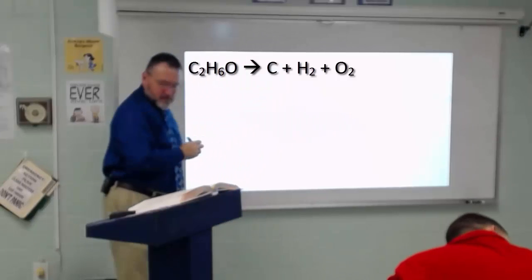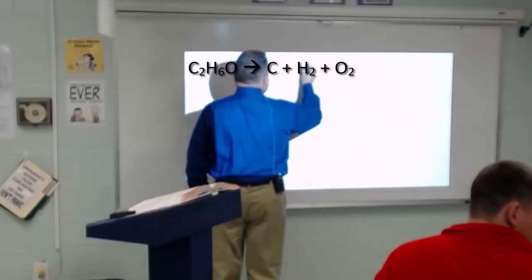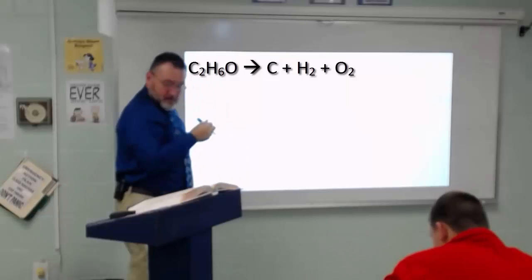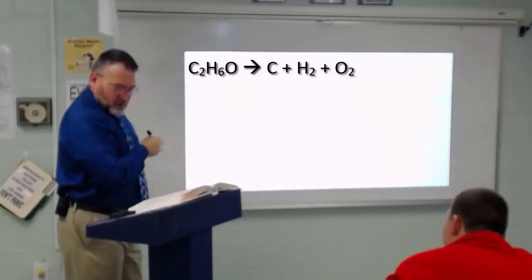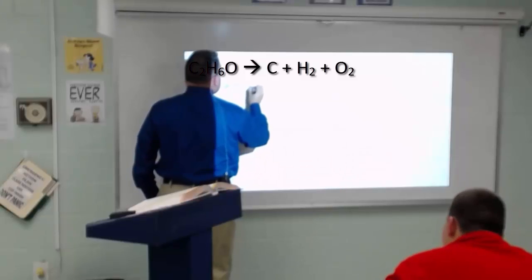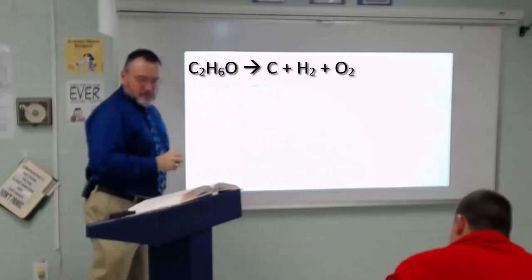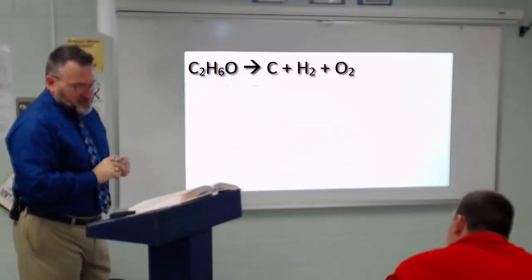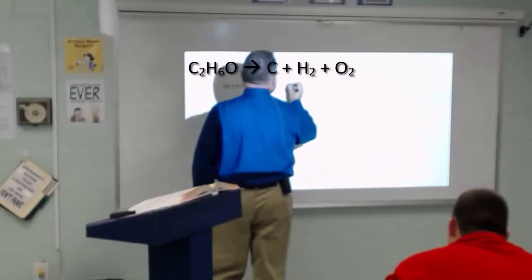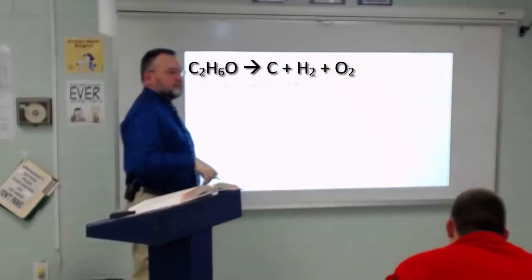Decomposes to produce C plus H2 plus O2. If there is 0.234 moles of C2H6O, how many moles of carbon will she get? All right? There's the entire question.